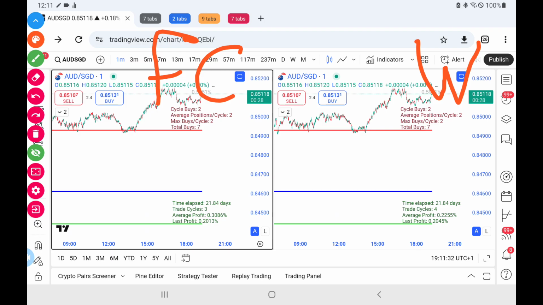So again, we are seeing that separation can take place in relation to just how the profitability is affected between the two methodologies.